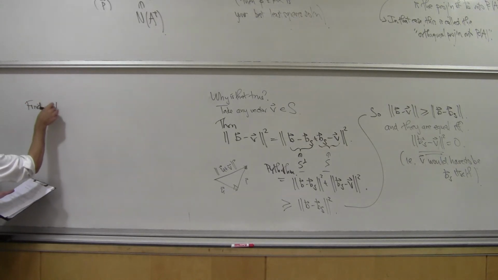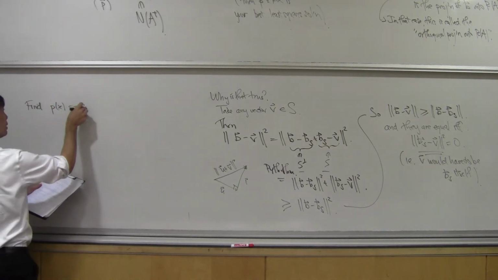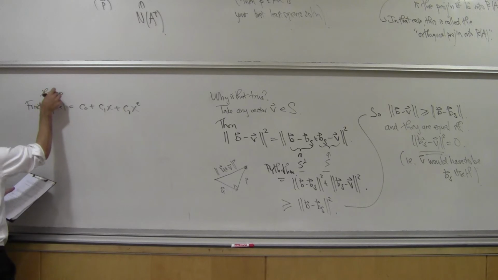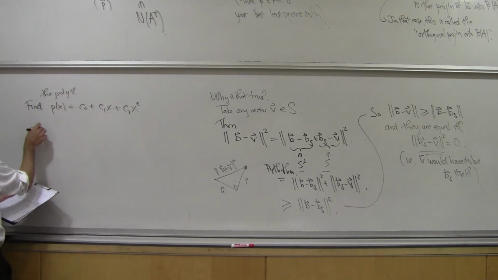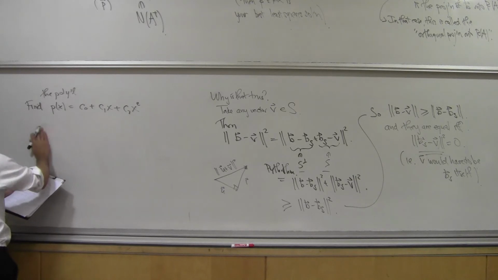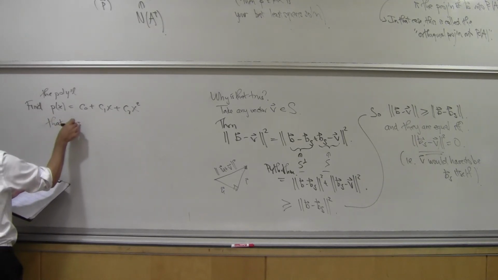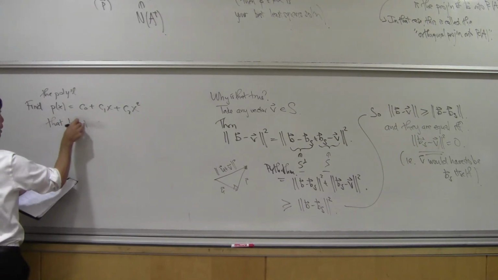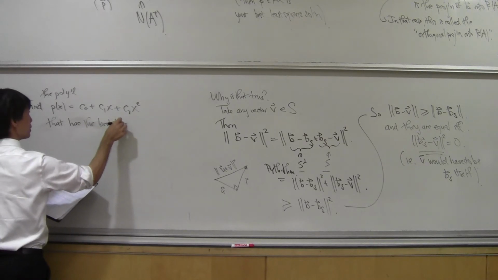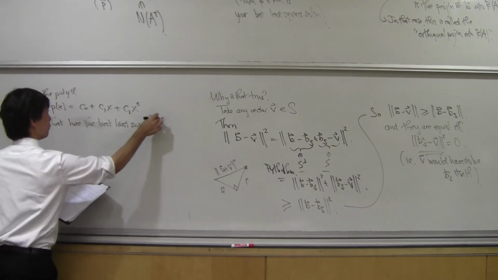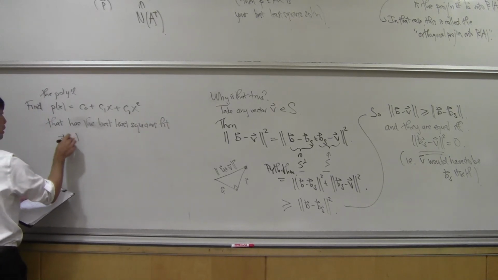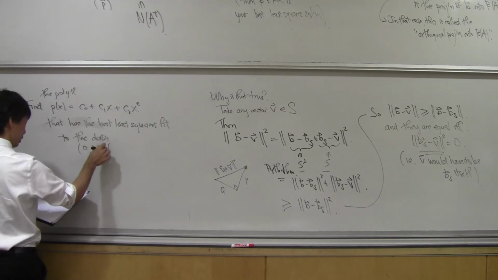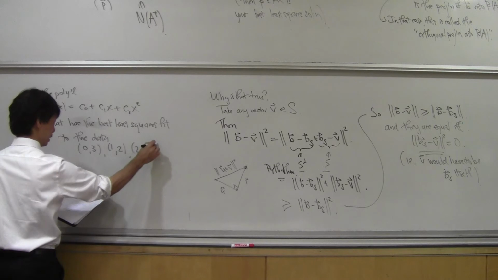Find the quadratic polynomial p of x, c0 plus c1 x plus c2 x squared, that has the best least squares fit to the data (0, 3), (1, 2), (2, 4), and (3, 4).